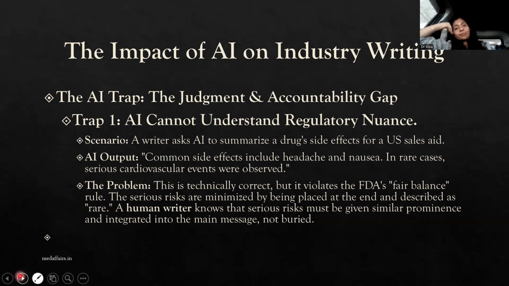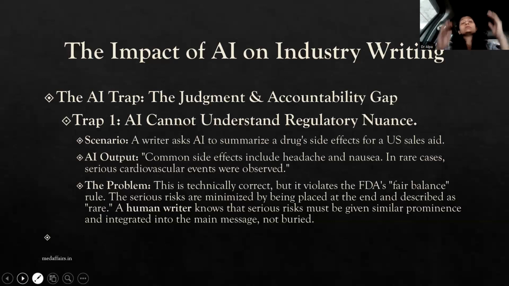Okay, so now talking about the AI traps, wherein human intervention is a must. First, AI cannot understand regulatory nuance. For example, a writer asks AI to summarize a drug's side effects. AI wrote something like: common side effects include headache and nausea. In rare cases, serious cardiovascular events were observed. Now what exactly has AI done? AI has in a way subdued these rare complications which may become life-threatening.